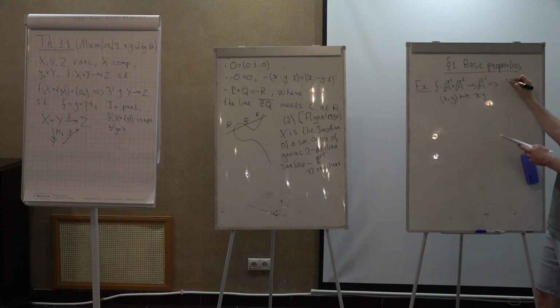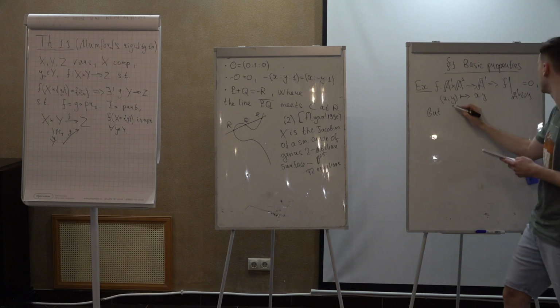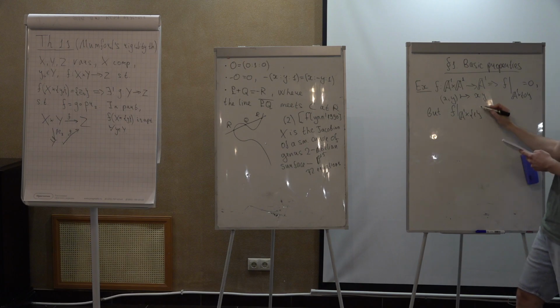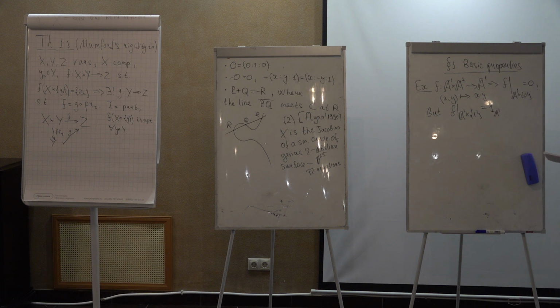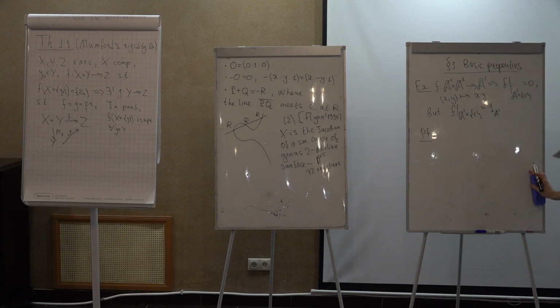Then if I take one point to be 0, then I have a constant morphism, right? But if I take non-zero, then I have an isomorphism. It's just the identity map. So we need to use that X is complete.